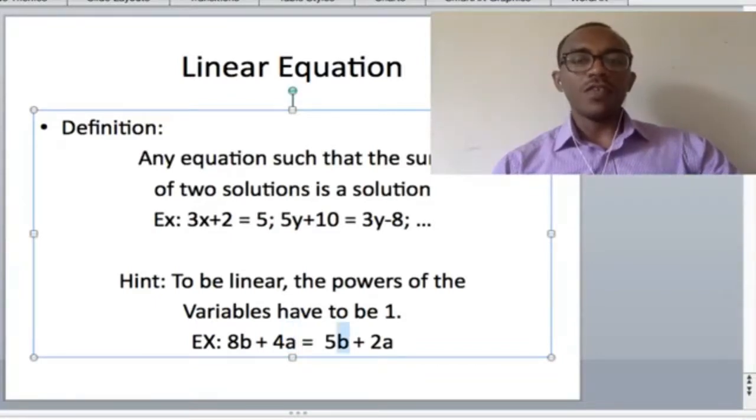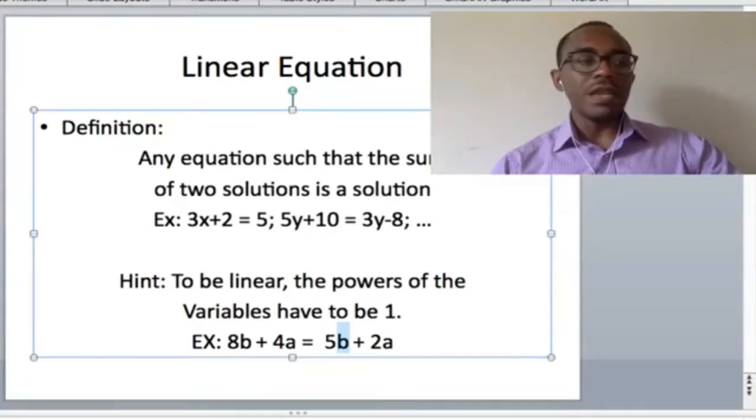So every time we see such a case, something like 3x plus 2 equals 5, there's an equal sign. The number can be a whole number or a fraction, it doesn't really matter.